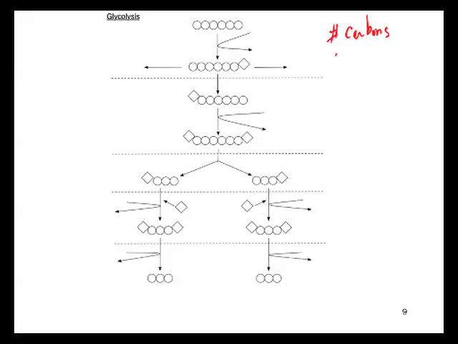I want you to pay attention to the oxidation reduction reactions. And of course, pay attention to the energy gains.